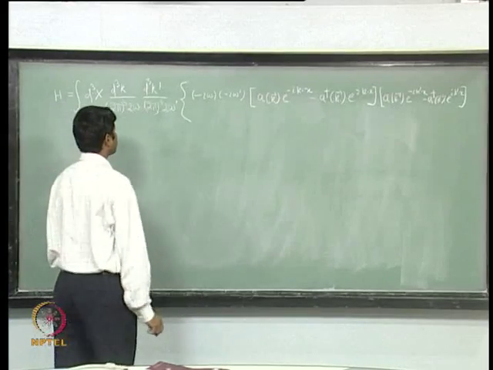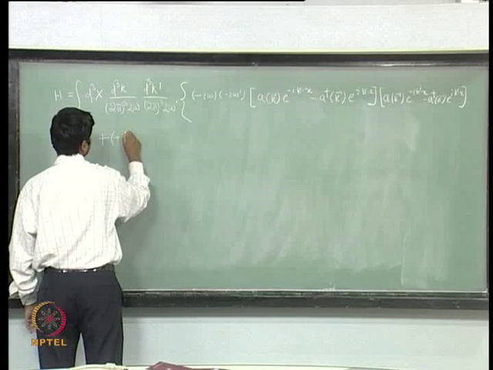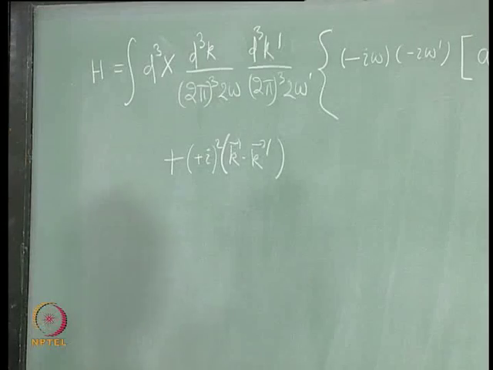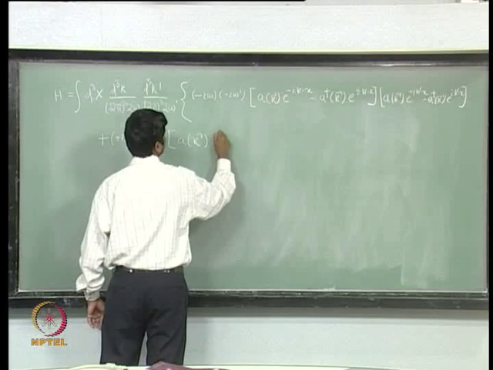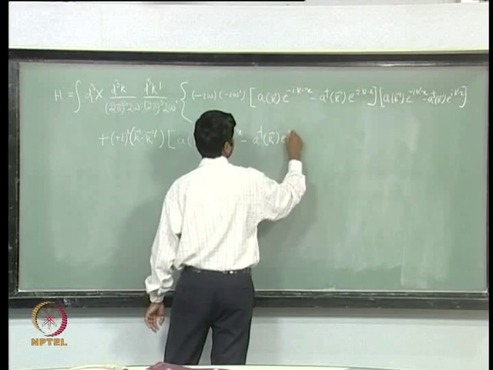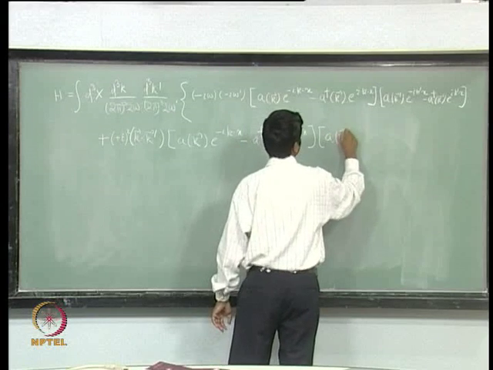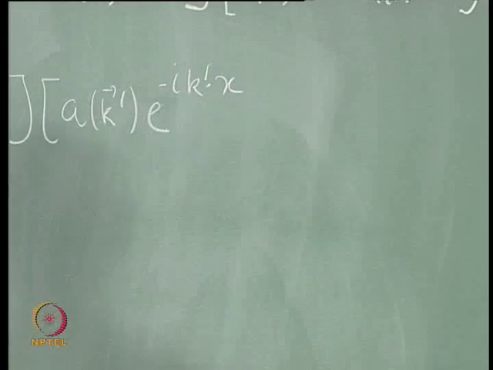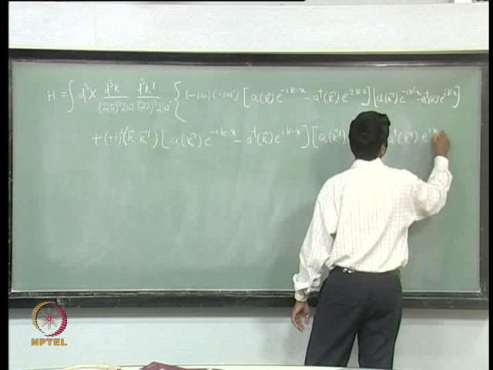So that is exactly similar to the first line, except that here I will get minus i plus i squared times k dot k prime, and then again the same terms: a_k e^(-ik·x) minus a†_k e^(ik·x), times a_k' e^(-ik'·x) minus a†_k' e^(ik'·x).